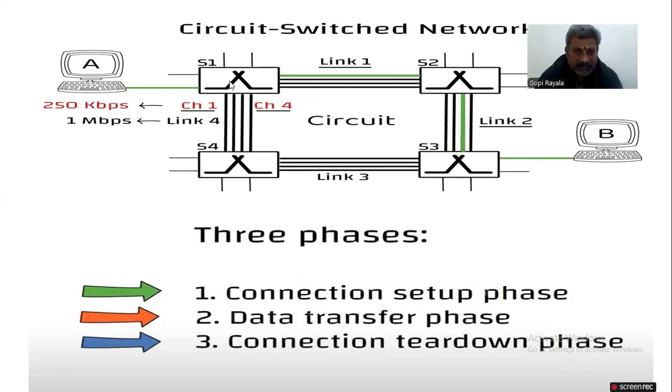Until either A or B terminates the signal, this line will be dedicated to the two people. If someone else made a call to A or to B, then a booming voice will come and say that he is busy, wait for some time. Why? He is busy with this dedicated line, right? That sort of technology is nothing but circuit switching.